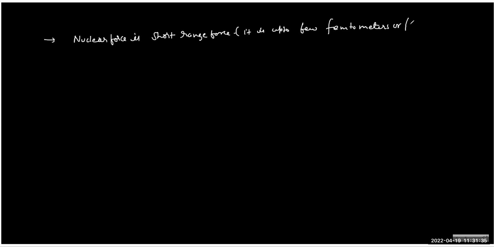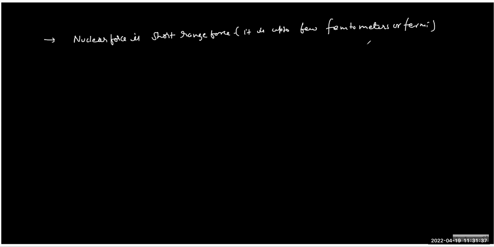We all know that the nuclear force is a short range force. They are strong enough, but for a very small range of action. It is up to a few femtometers, or Fermi.